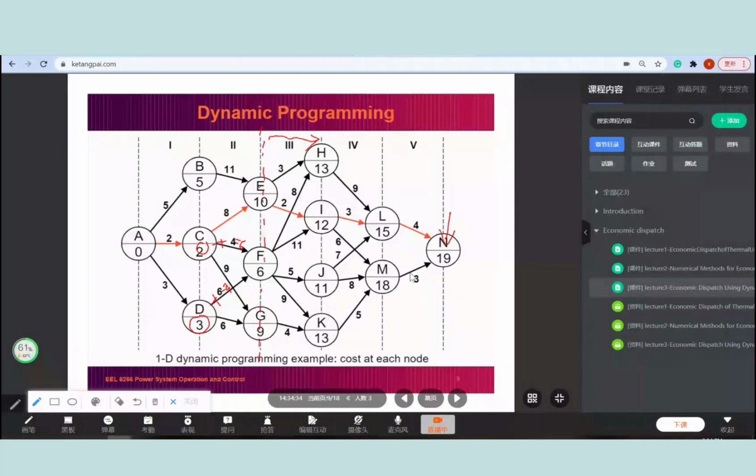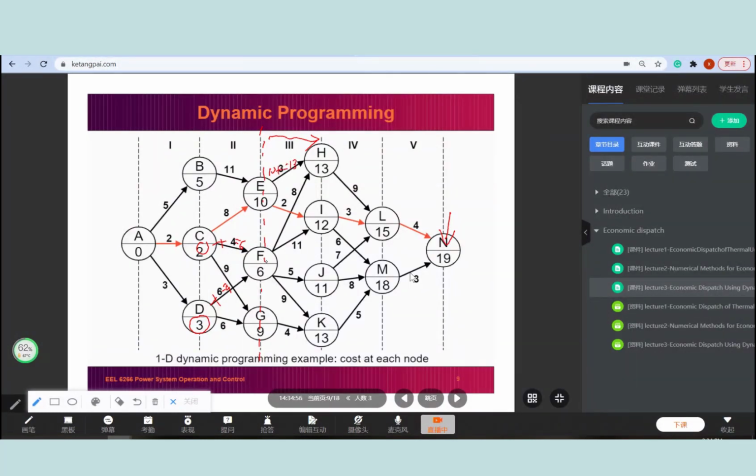You can go from E to H or F to H. If you choose from E to H, the crossing cost from E to H is 3. So the total cost will be 10 plus 3 equals 13.